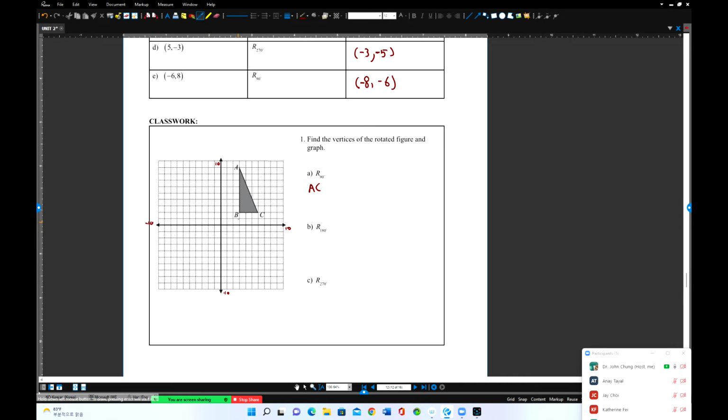So this point is 3 and 9. Point A is 3 and 9. Second point B, 3 and 2. Third point C, 6 and 2.